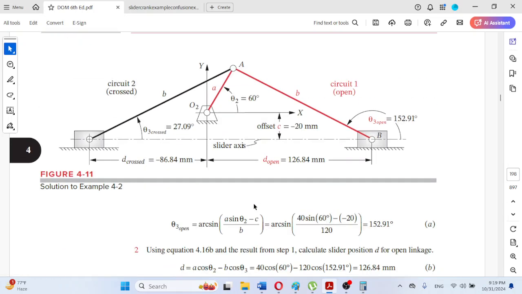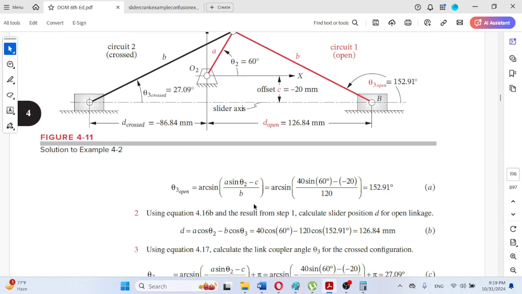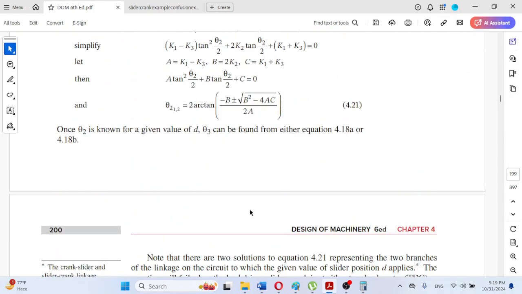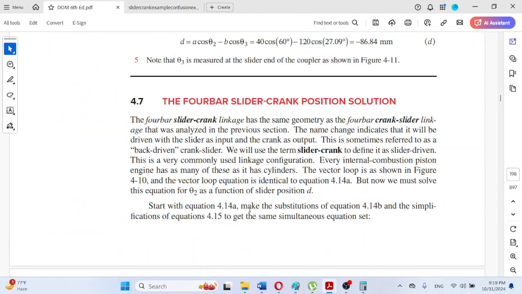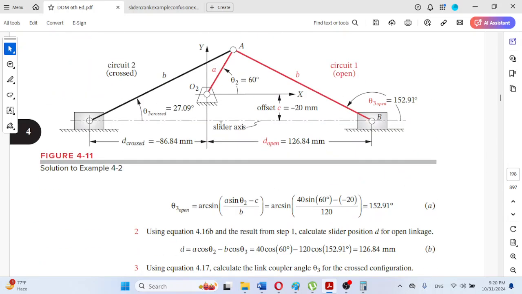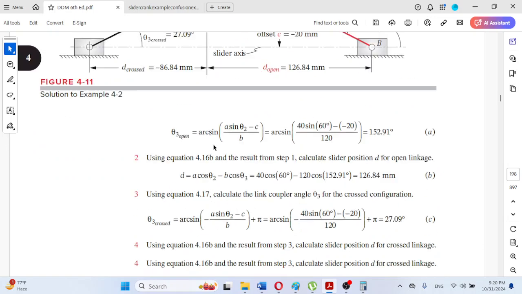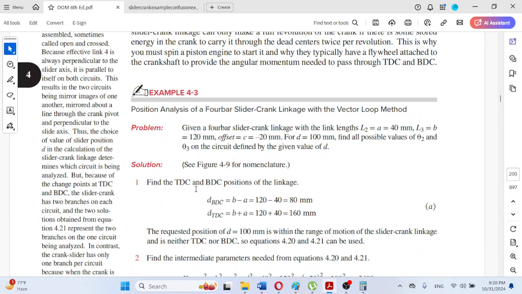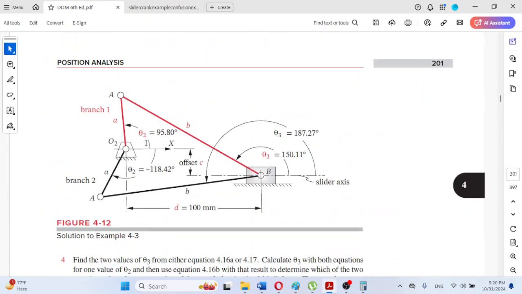What the author wants to explain is that because these formulas were derived for the crank slider linkage, the slider had two locations. But this example is for the case of a slider crank, meaning the slider is the input and the crank has two locations.